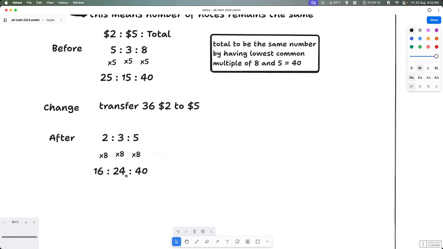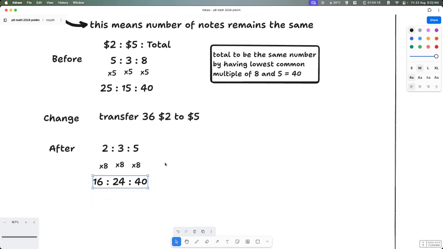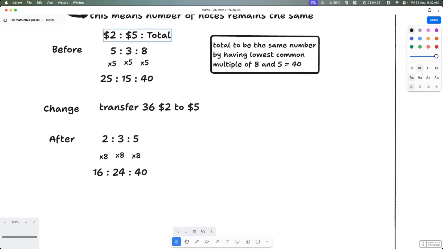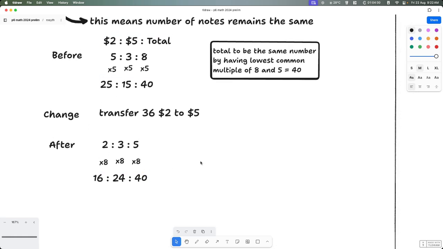Okay, so now we can see the difference. So transfer 36. Either way, we know that there's some changes, right?